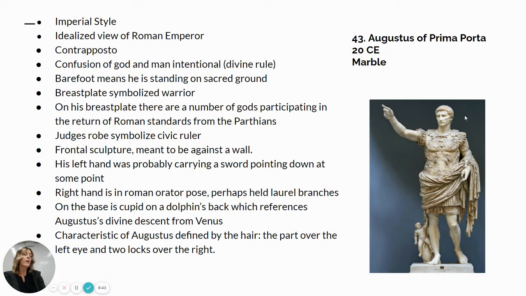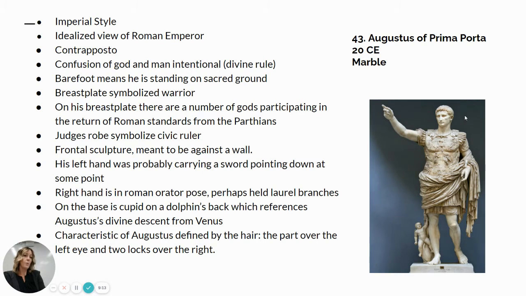one sculpture. If you look closely at the breastplate, again, you'll have to blow that up, but we have images of gods participating in some of the Roman standards from the Parthians. Remember, the Roman Pantheon was similar to Greece, but translated to be their own.